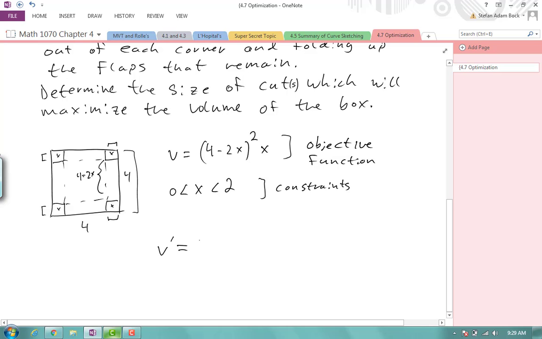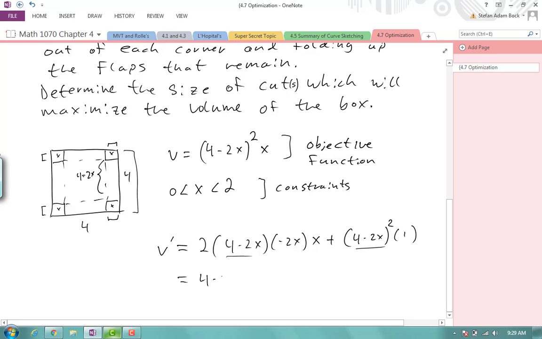I'm going to use the product rule. 2 times 4 minus 2x times negative 2x times x plus 4 minus 2x squared times 1. And I'm going to want to set this equal to 0. Let's see if I can do this an easy way.